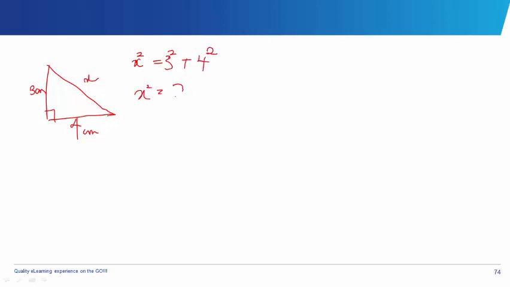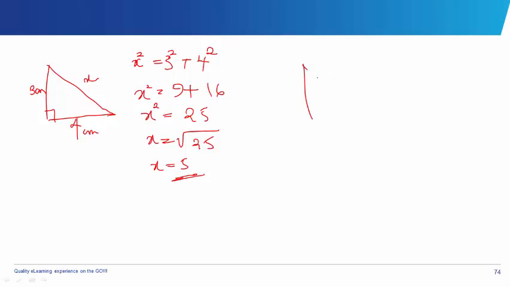Therefore x squared equals 9 plus 16, so x squared equals 25. Then x will be the square root of 25. x then will be equal to 5. So that's an application of Pythagoras rule.